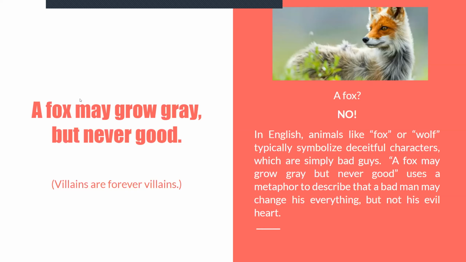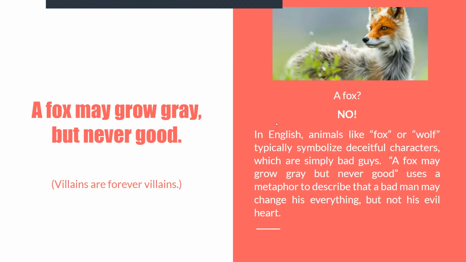But this idiom doesn't necessarily mean a fox. In English or in common tales in different cultures, animals like fox or wolf typically symbolize deceitful characters, which means they always trick people, or lie to people. They're simply bad guys.